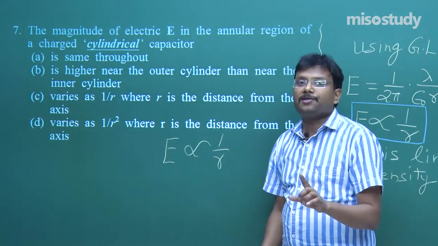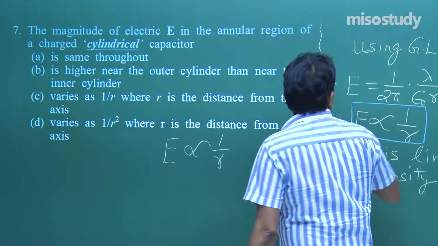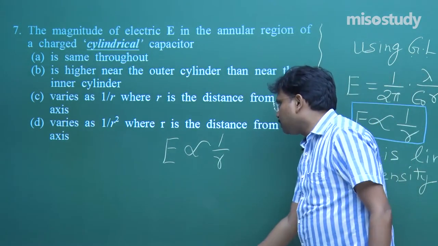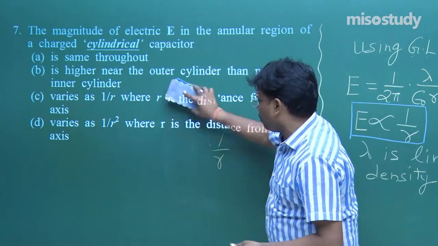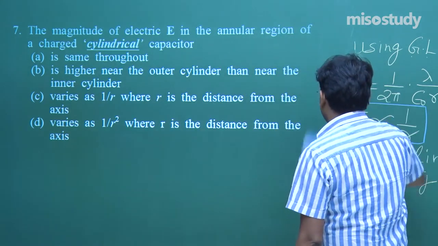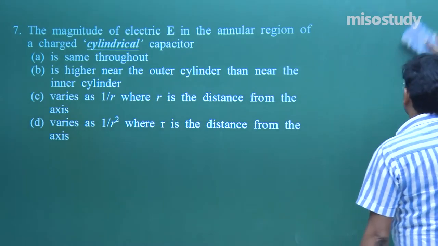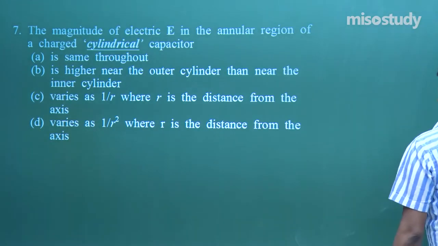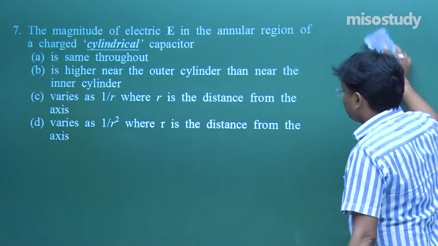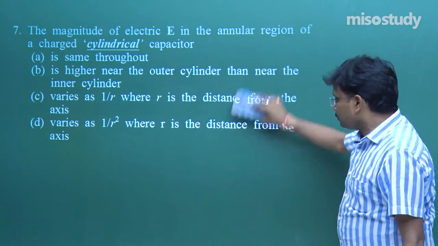To avoid this confusion, I mentioned Gauss law. This is just the application part of Gauss's law. If you are regularly watching our videos, then we prepared 2-3 videos on application of Gauss law. In those videos we explained all these things in proper depth.